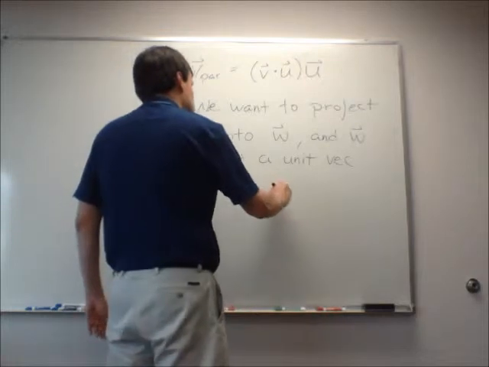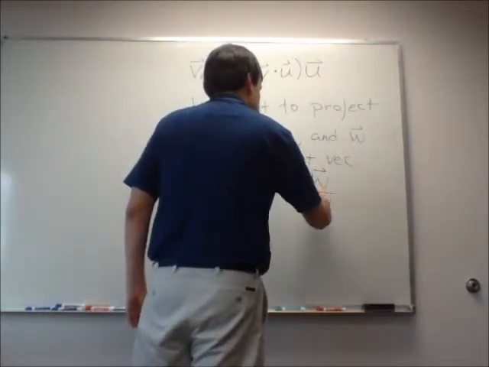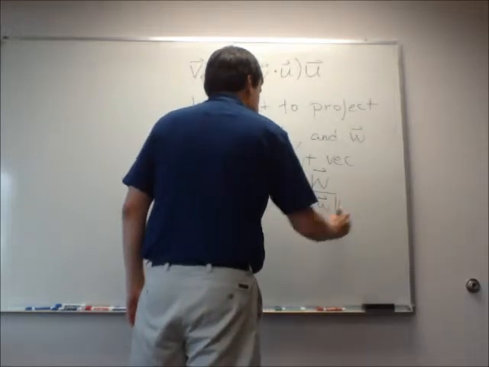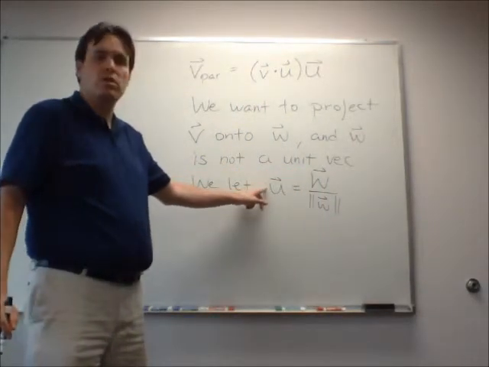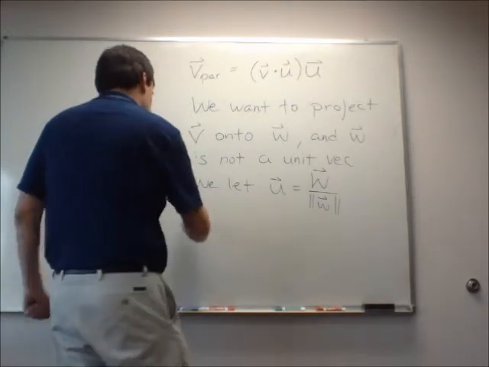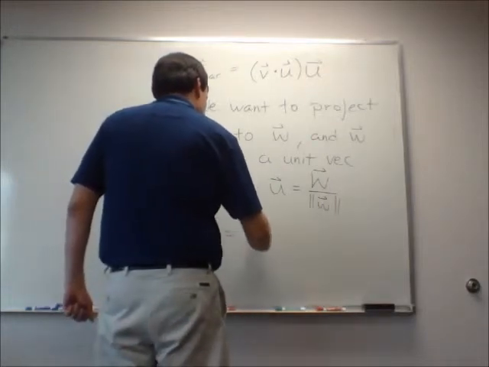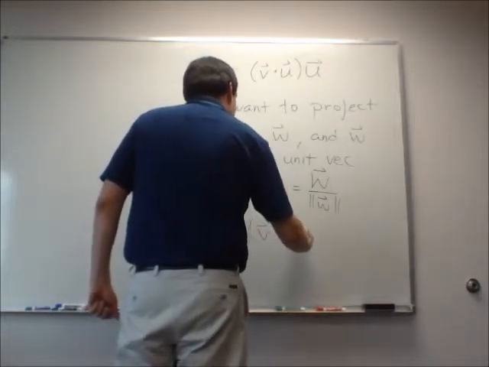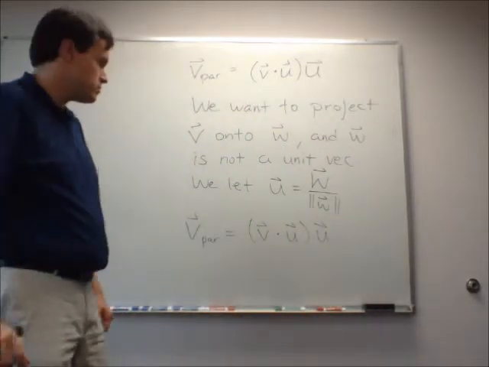So we let u be equal to the vector w divided by its own magnitude. That gives me a vector in the same direction as w, but now with unit magnitude, and then I use the projection formula. So v parallel is equal to v dot u multiplied by u.